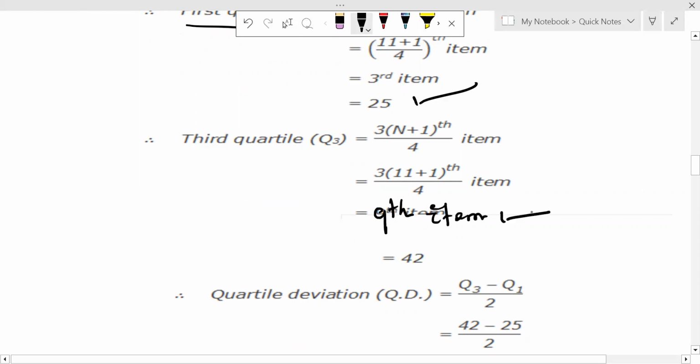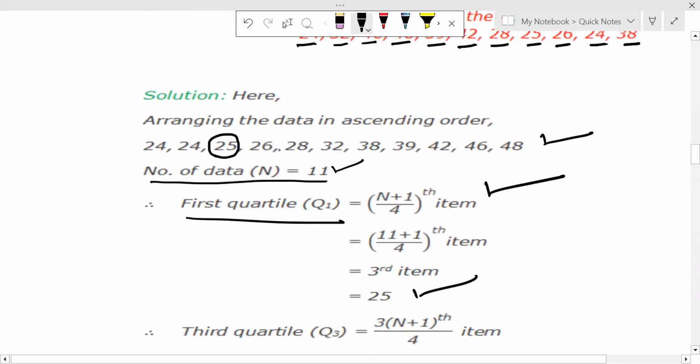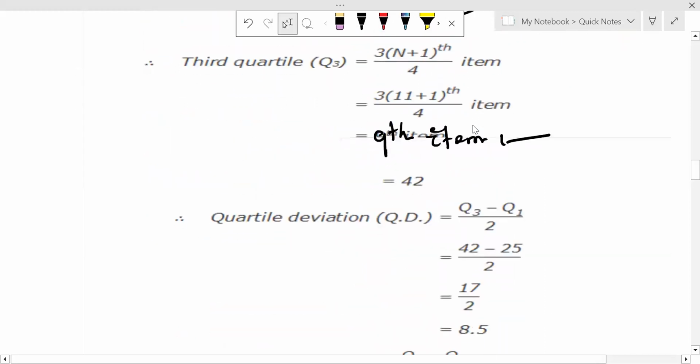What is the value of the 9th item? 1, 2, 3, 4, 5, 6, 7, 8, 9. The 9th item is 42. Just remember that it is the 42 value.